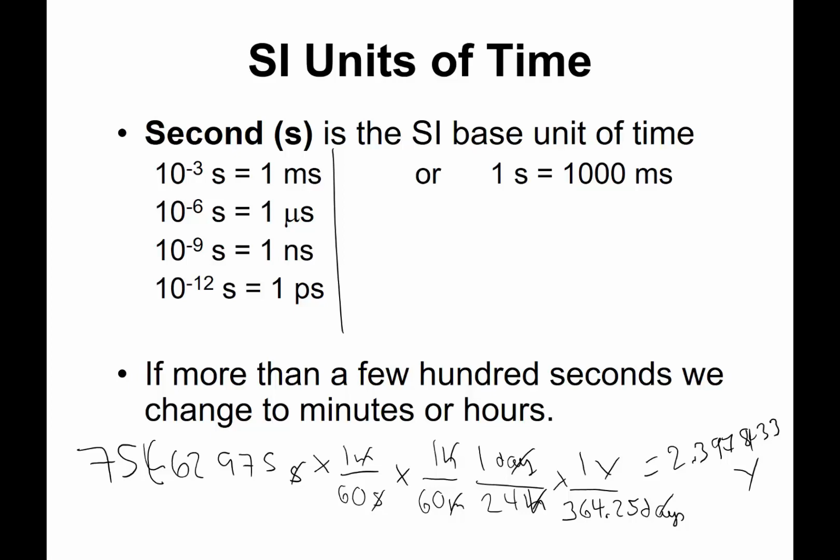And if you wanted to convert that to something more reasonable, you take the 0.3978 and you convert it to days, and when you get that, you get 144.9 days. So we have 2 years, and I'm going to round that up, 145 days. And that makes a heck of a lot more sense than saying 75 megaseconds. All right, 2 years, 145 days. So make it a reasonable answer.